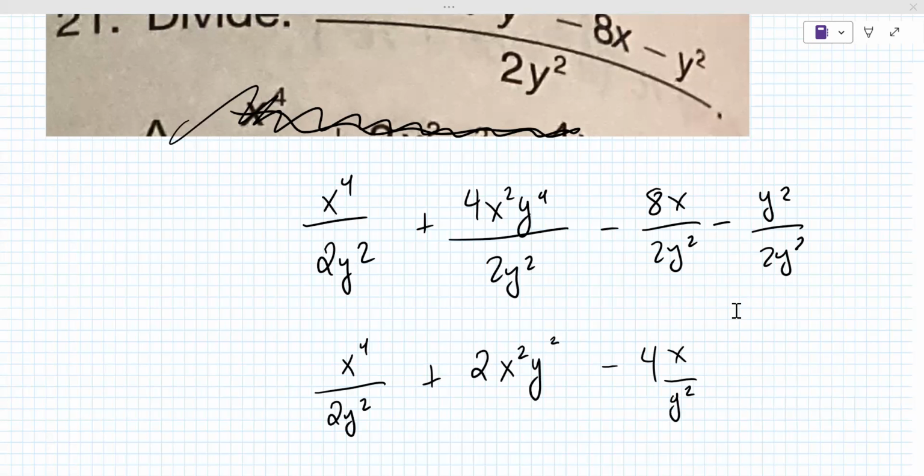The y's cancel, and there's really a 1 on top. So 1/2, because there's still a 1 on top and a 2 on the bottom.